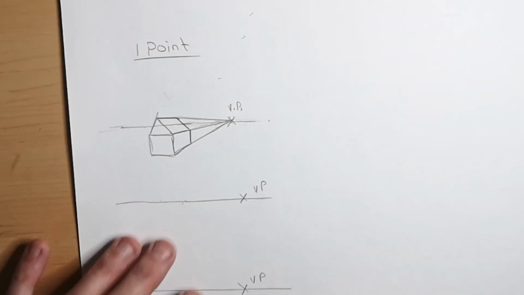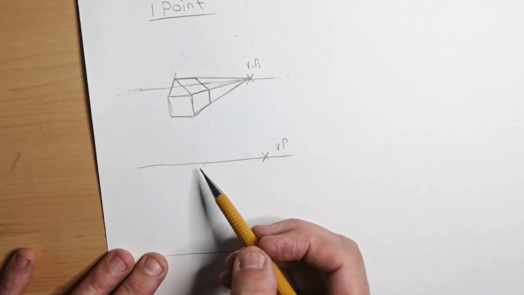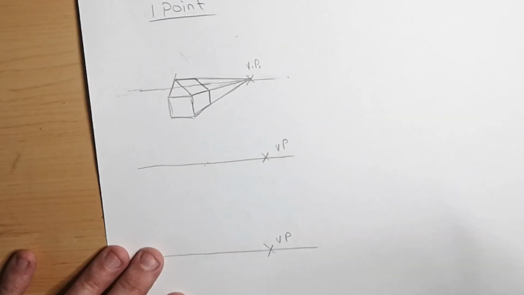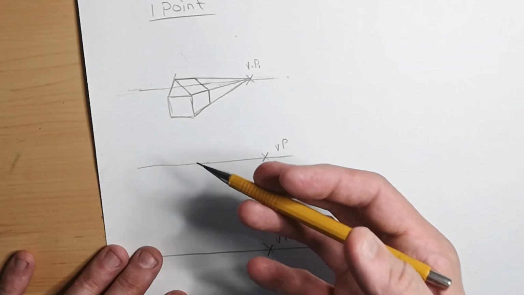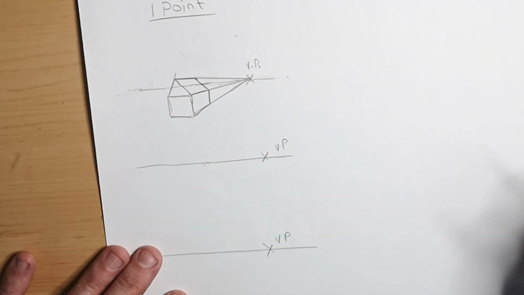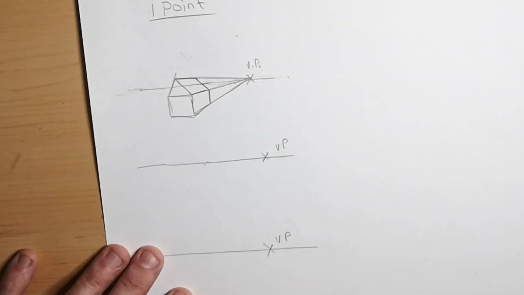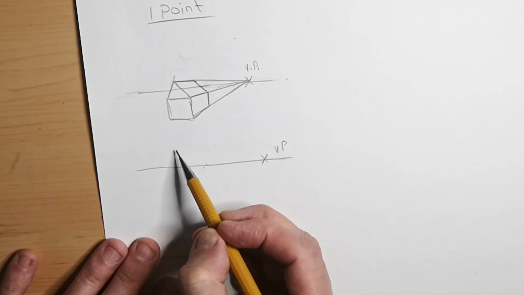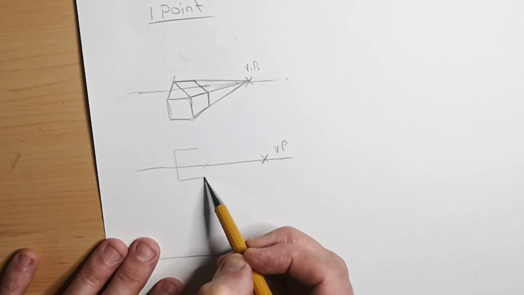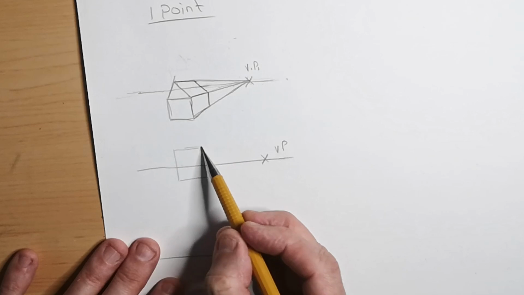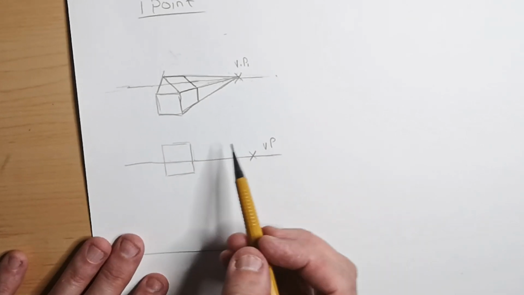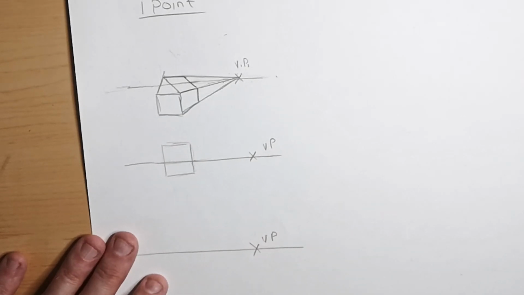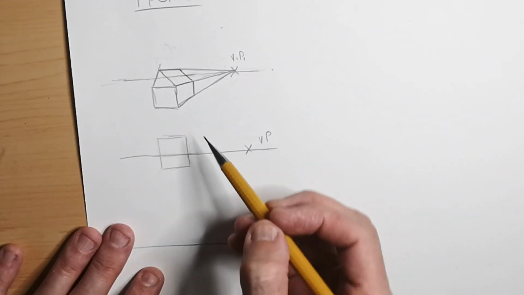Now the middle example, the second example, is going to be a view as if you were just standing in the street looking at the house. So it's a normal view. So in this occasion, you would have to put the square sort of halfway, bisected across that vanishing point, the horizon line.